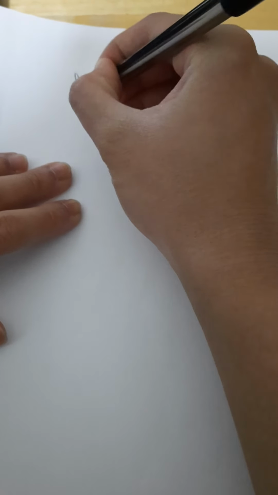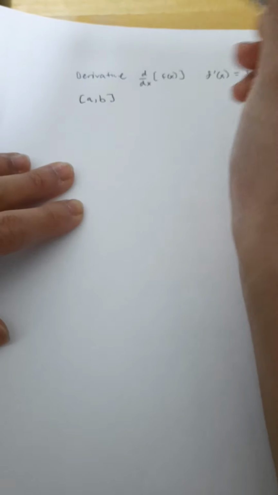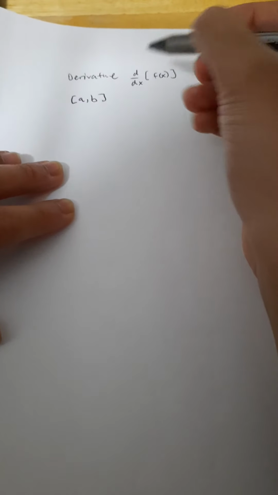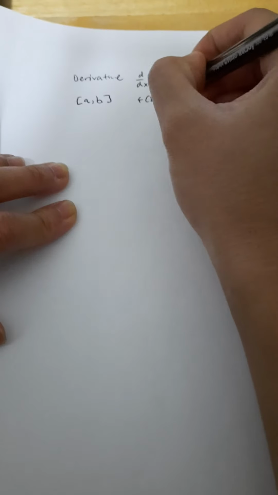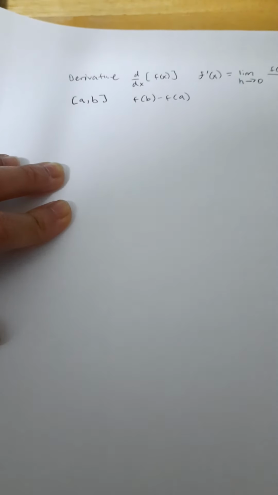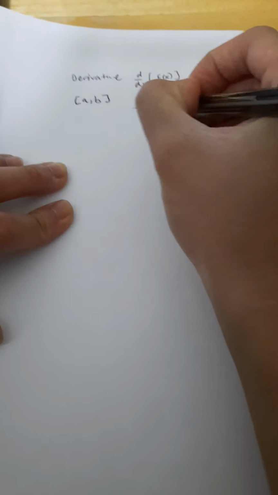We also have the rate of change, where you're given an interval like a, b, and the rate of change for this would be f(b) minus f(a) over b minus a.